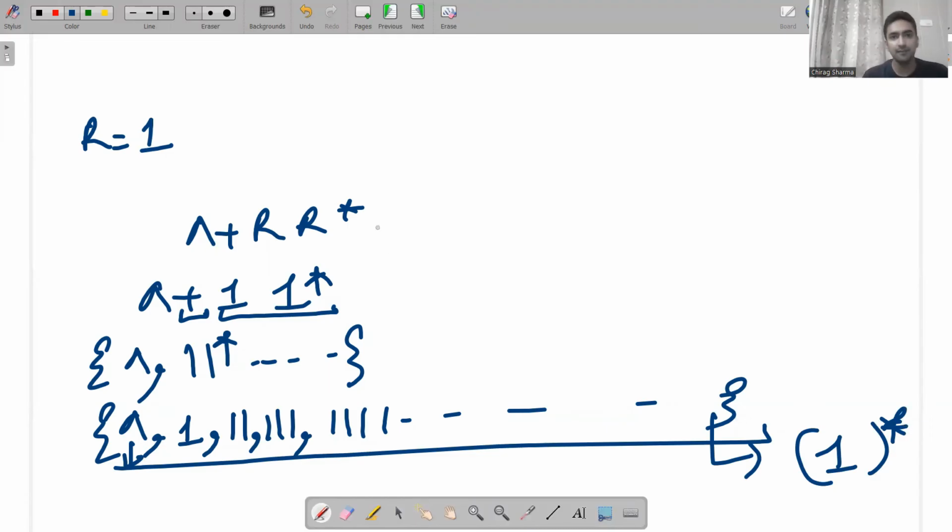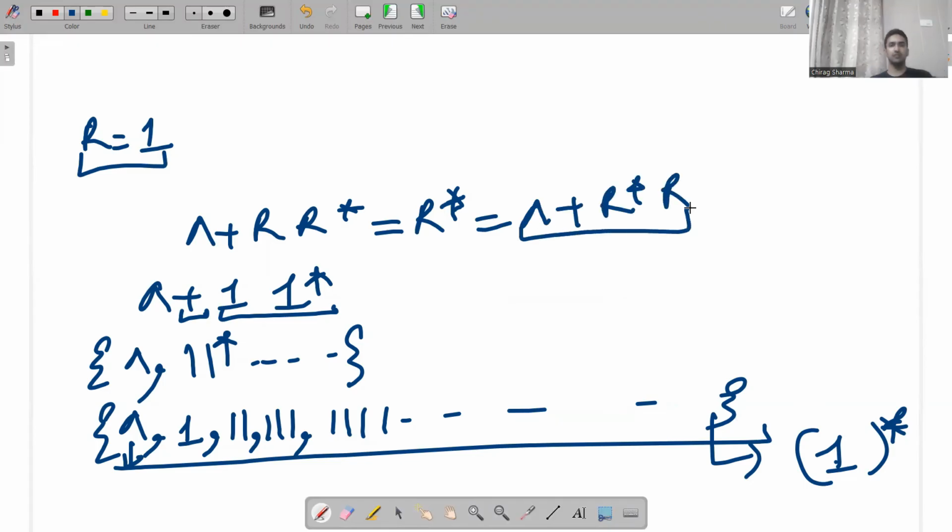So similarly, it is actually equal to r star, because the answer was equal to 1 star and r was 1. So we write it as r star, and I can also write it as r star r, because that will also give me a similar answer, right? So you need to understand that if I'm talking about 1 star 1, it means minimum one 1 is accepted.